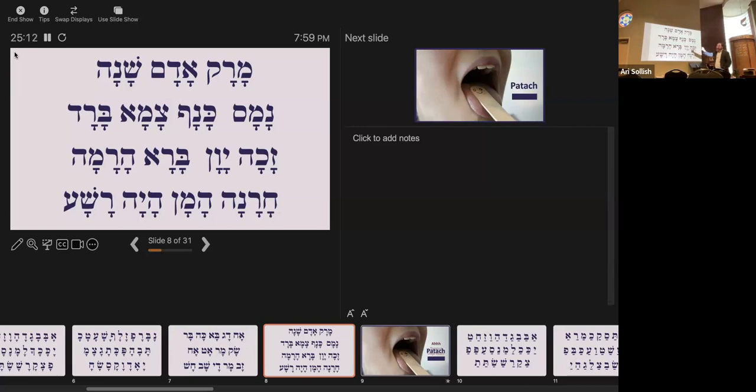Yavan. Yes, Yavan. Now, what's cool about this is it's the same shape in three sizes: small, medium, large. So it's interesting, the mystics say, Yavan is the Hebrew word for Greek, for the Greek nation and culture. The story of Hanukkah was the Jews against Yavan, the Greeks.